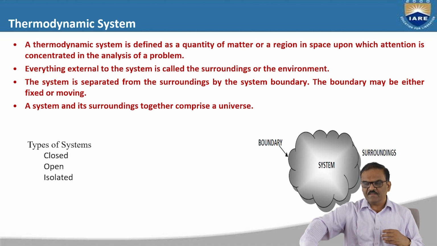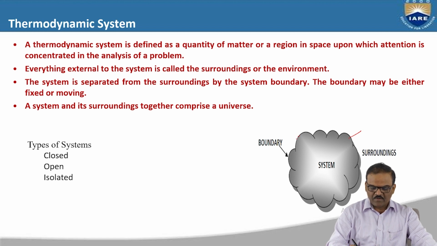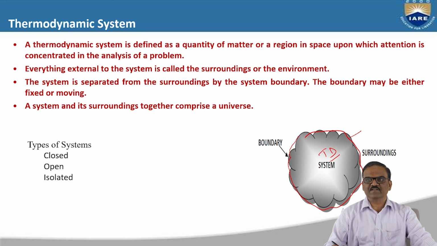And when you look at it here, this is the thermodynamic system, and the outer phenomena we call the boundary and surroundings. This is the thermodynamic system, we consider it as. And everything external to the boundary is called the surroundings or environment. This is the boundary, surroundings or environment.